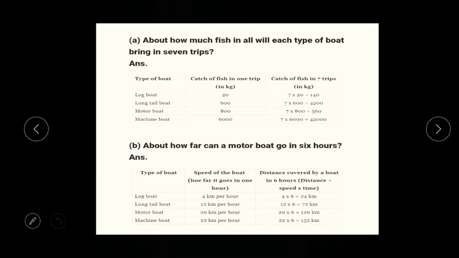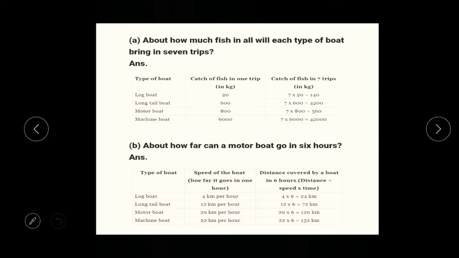The next important question is about how much fish in all each type of boat will bring in 7 trips. They have given types of boat and the catch of fish in a single trip, and we have to calculate the catch of fish in 7 trips.